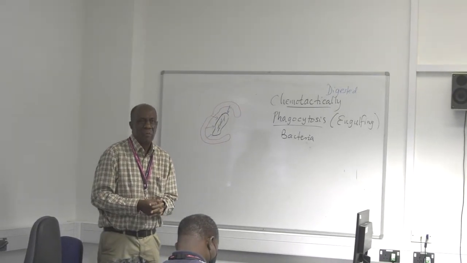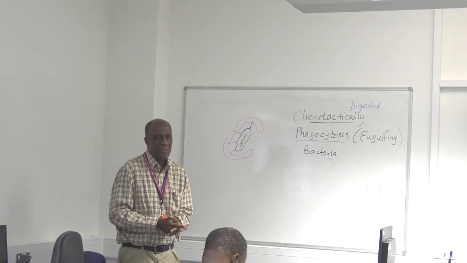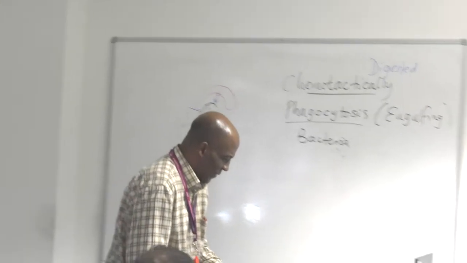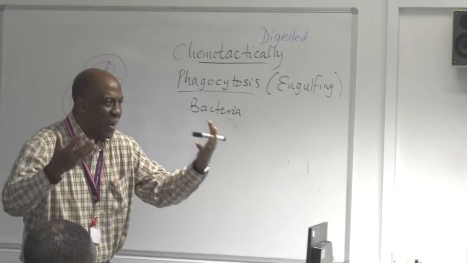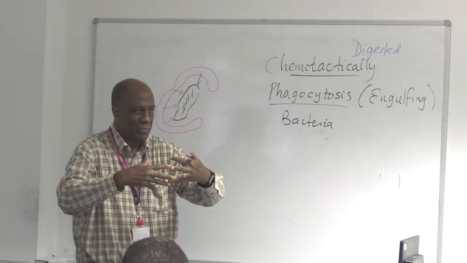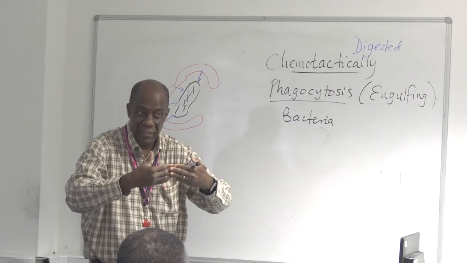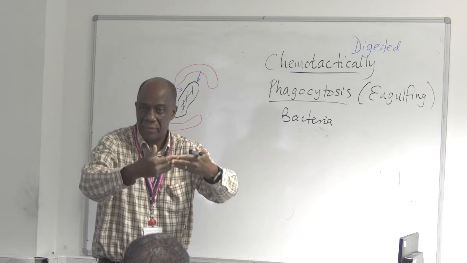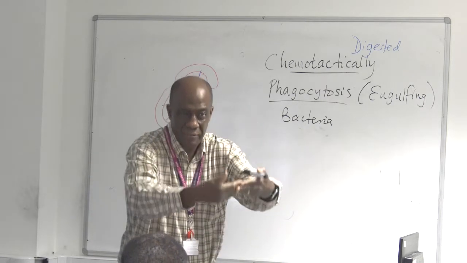When we talk of antibodies, when do antibodies come in? Infection. The moment there's an infection, the antibodies come in. And the role of the antibody is to fight the infection.